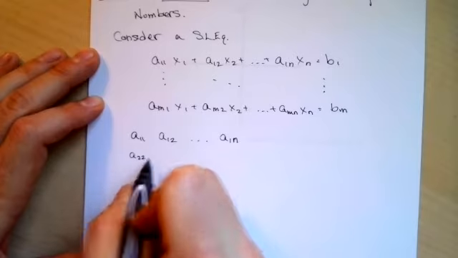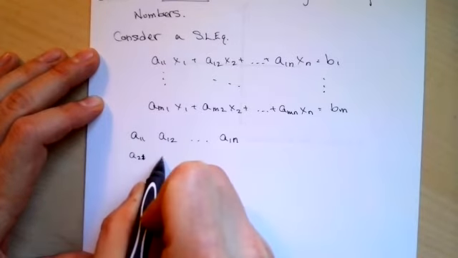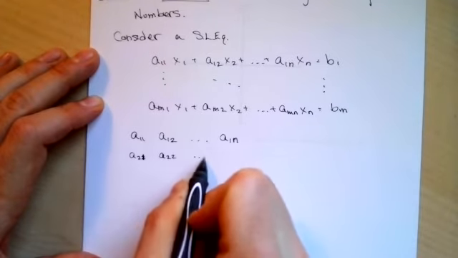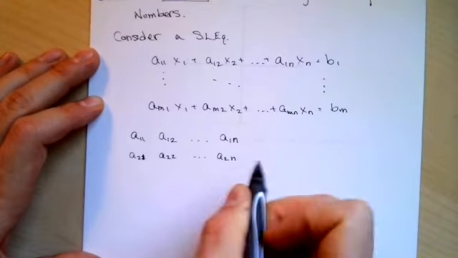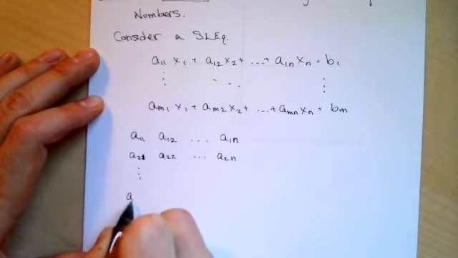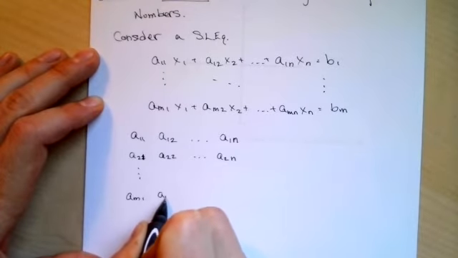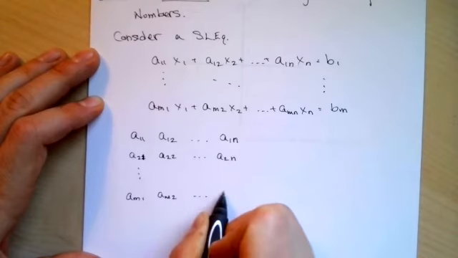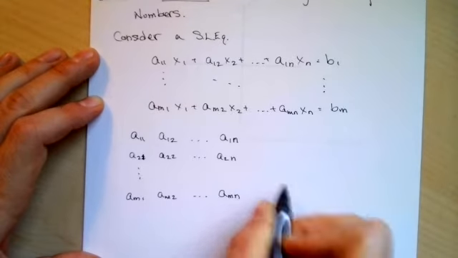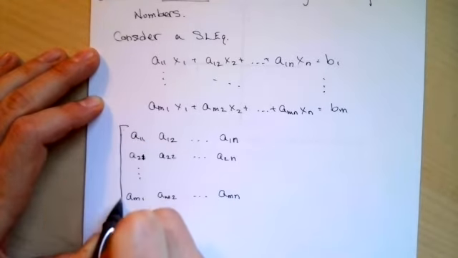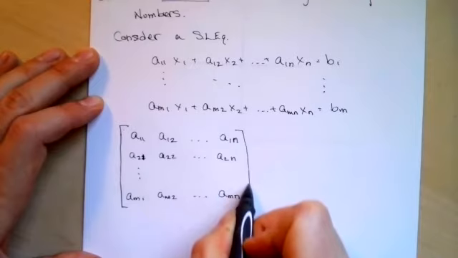So I'll write out another row, A21, A22. And our matrices, we like to just put in square brackets.